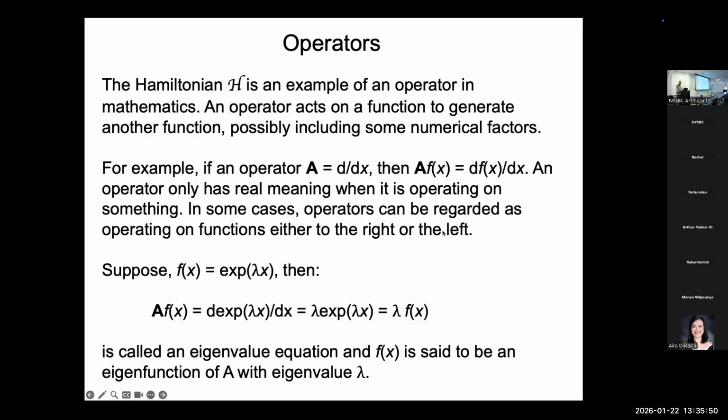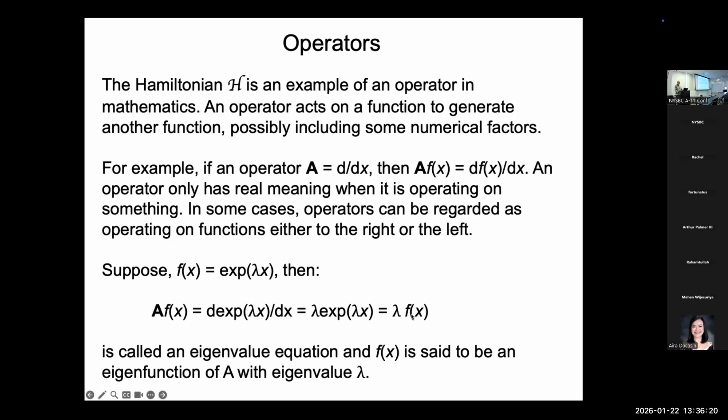It'll also be important that some functions and operators have a special property. So here, if our function is the exponential function, and we operate with the derivative and apply the rules of differentiation, the derivative of e to the lambda x with respect to x is lambda times e to the lambda x, which is lambda times the original function.